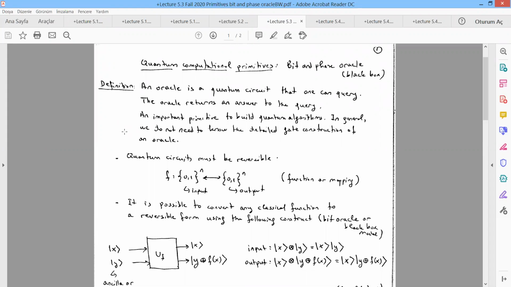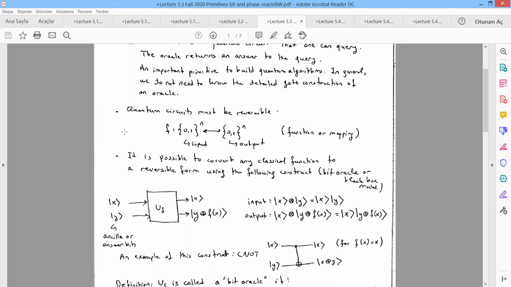And it's going to be an important primitive that we are going to study in the quantum algorithms. And as we said, in general, we do not necessarily need to know the detailed gate construction of an oracle. We might build the circuit, but we don't necessarily have to know. And we'll see as we go along how this is applied.